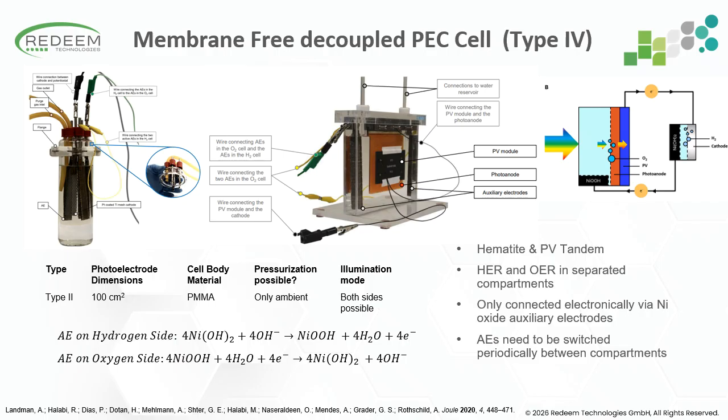This makes them an elegant concept scientifically, although the engineering complexity is considerably higher than the previous reactor types. So this is not something that I would personally consider for industrial scale up.